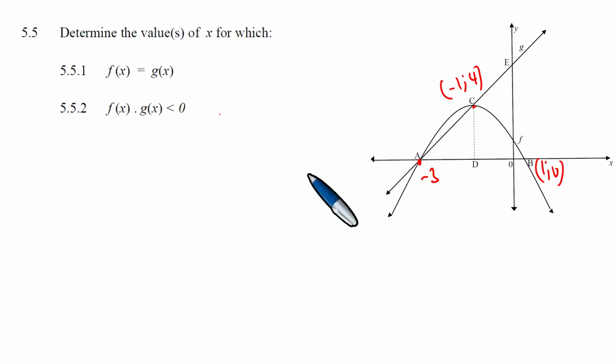If this is F and G, then F equals G whenever x is -3 and whenever x is -1. Whenever x is -3 or -1, the functions are equal to each other. That is what we note there.